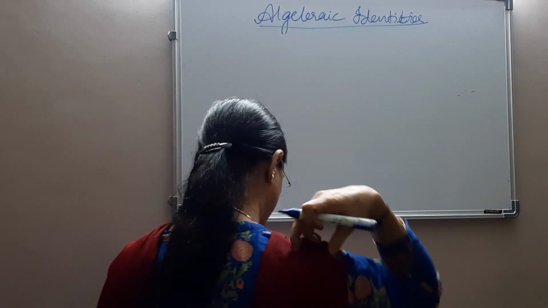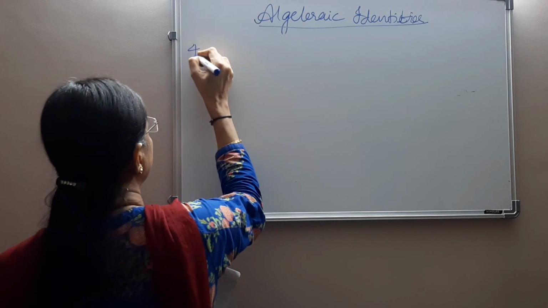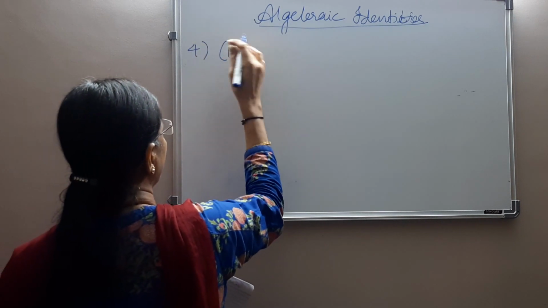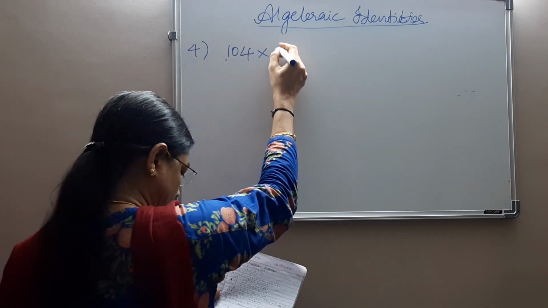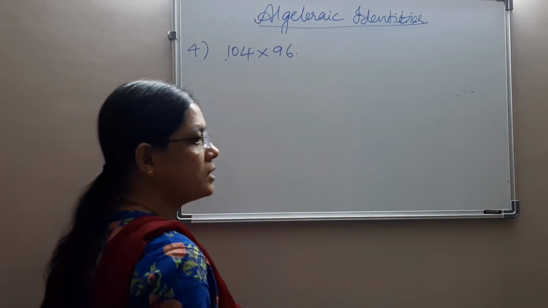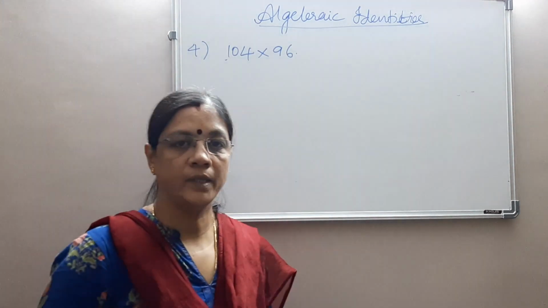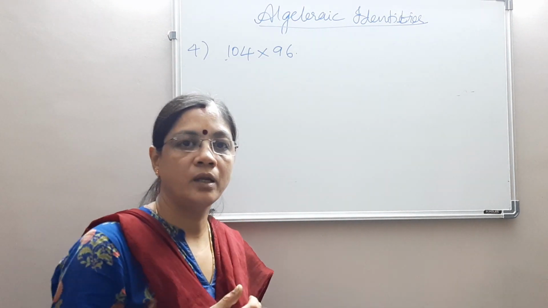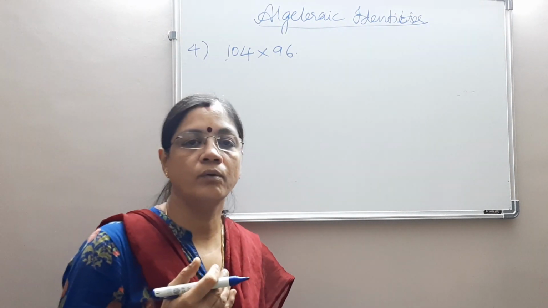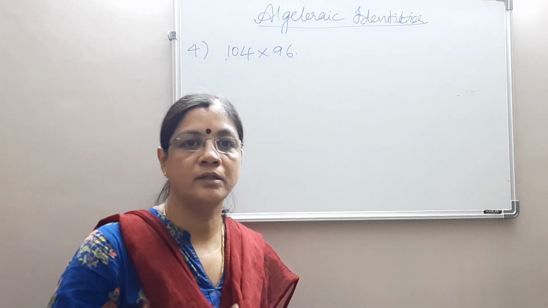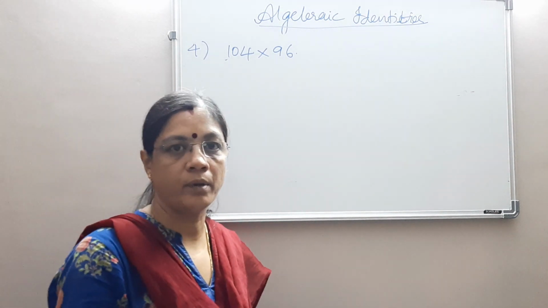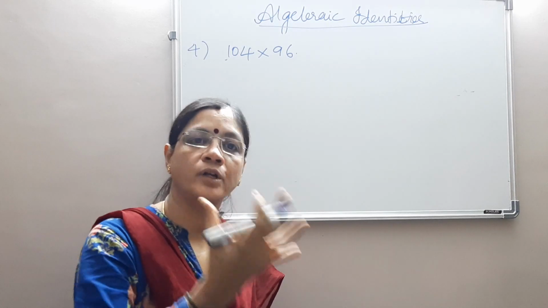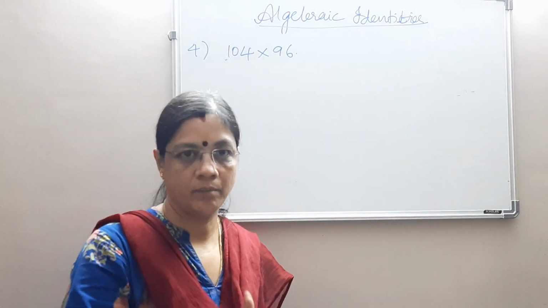And the next one is 104 into 96. Now see 104 into 96. These are two numbers where we need to apply the identity. For us to apply the identity in the problem, first they should be converted into a similar pattern.